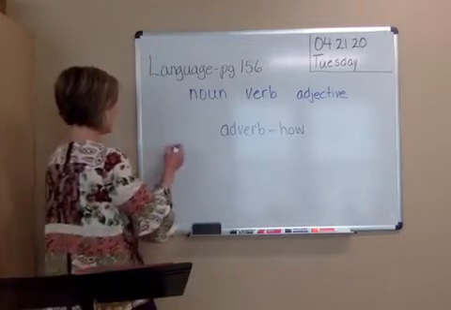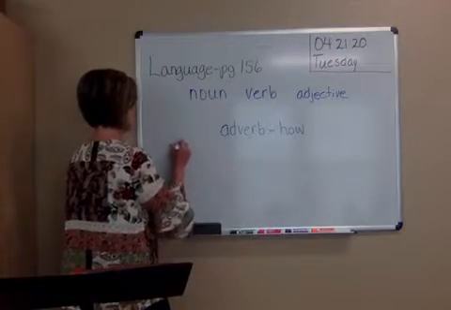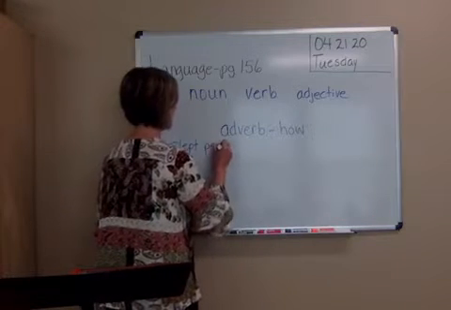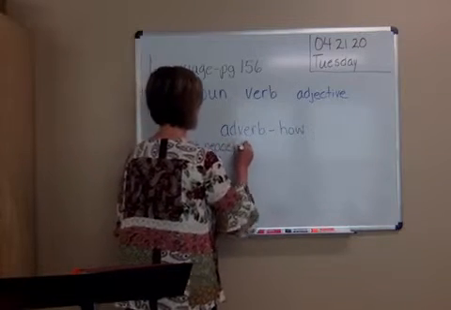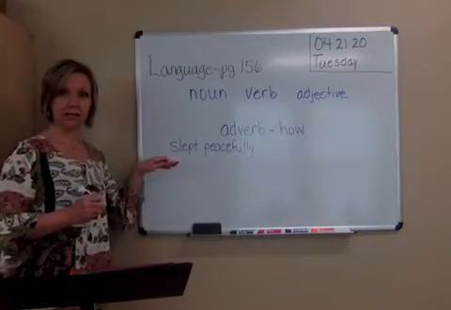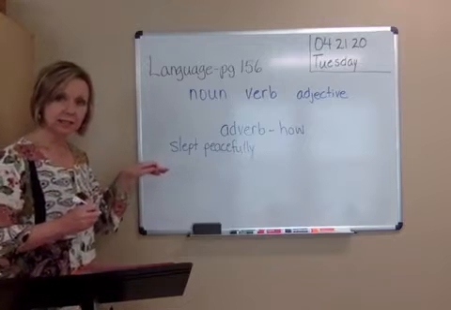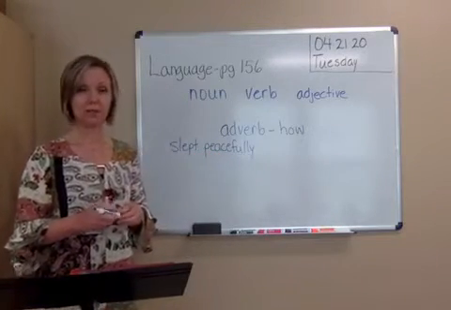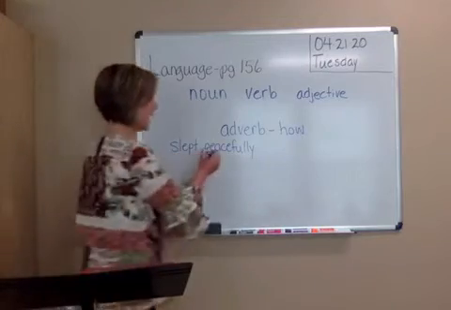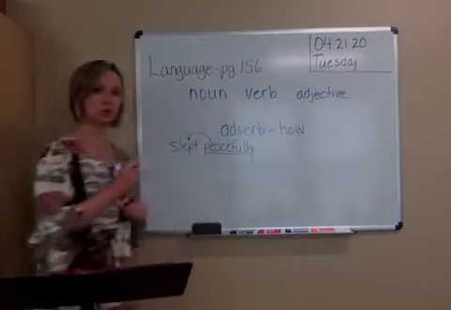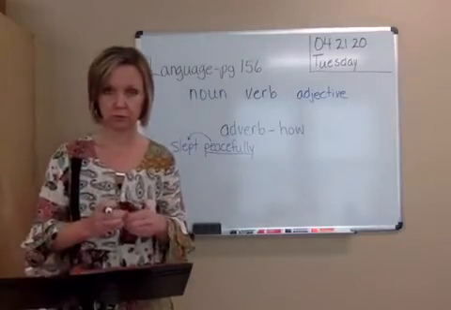Let's say I slept peacefully last night. What is my verb? Slept. How did I sleep? Peacefully. So that is the adverb because it's adding a description to my verb.